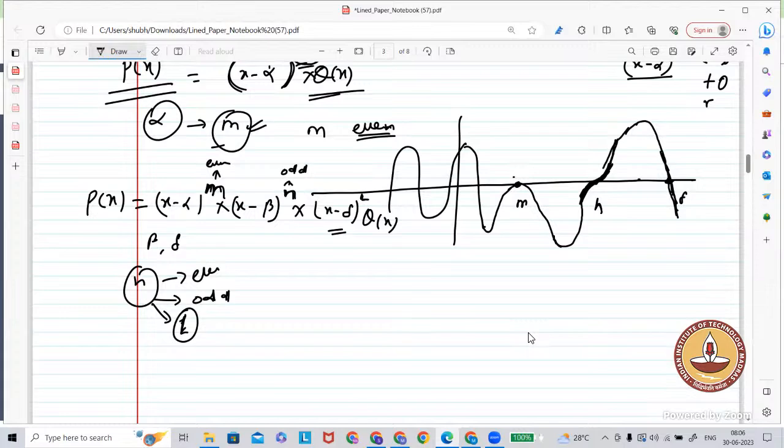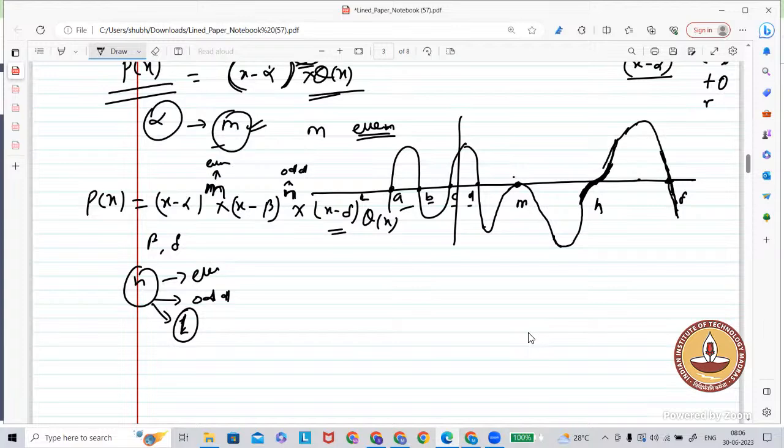So these 3 properties, because of this multiplicity, define the structure like this. Okay, can you tell me, suppose this is A, this is B, this is C, and this is D. What is the multiplicity of A, B, C, and D? Can you tell me, anybody? Anyone? 1.